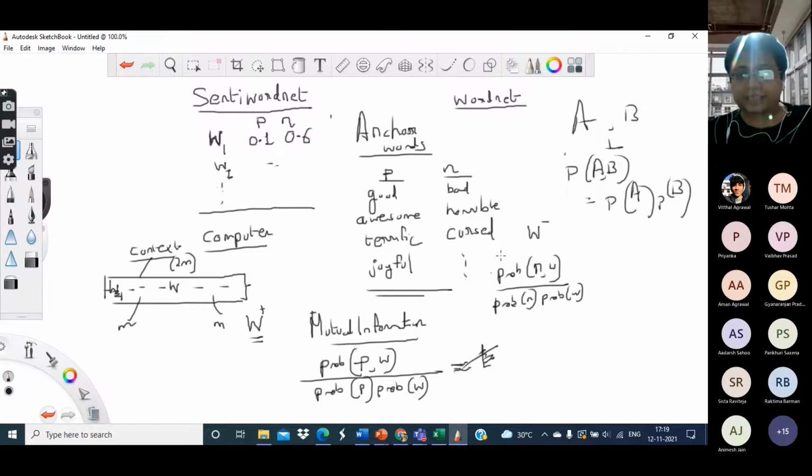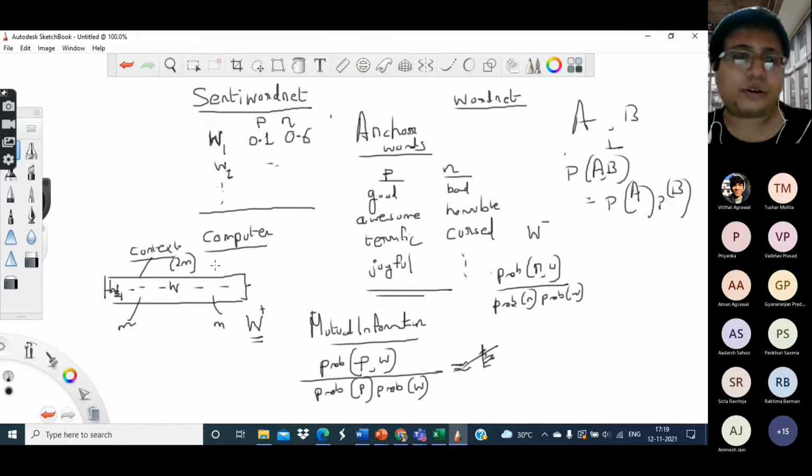So this is basically the way in which you expand your SentiWordNet by initially building a set of anchor positive words and anchor negative words, and then using these concepts of co-occurrence to induce the P scores and N scores of the other words which are neither anchor positive nor anchor negative.